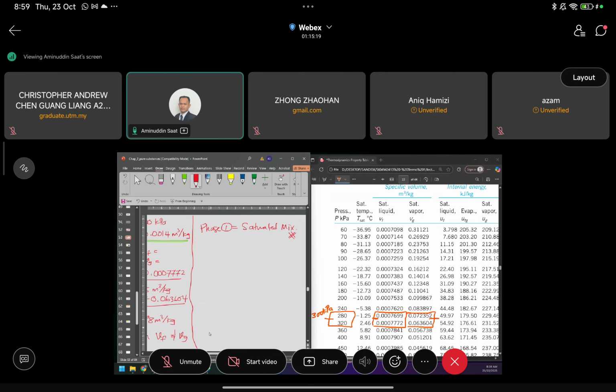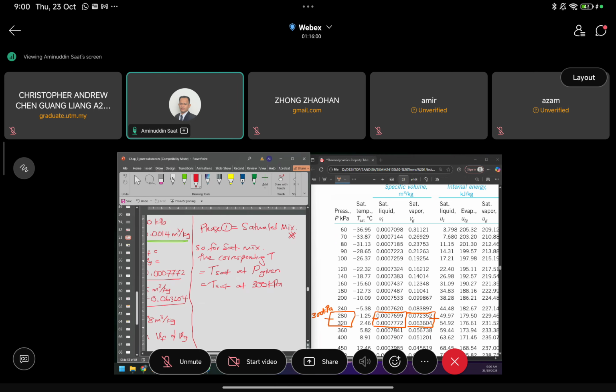Okay, then you got the phase. The question is find the temperature. Okay, so for saturated mixture, the corresponding T is equals to T saturation at P given. So meaning you have to find T saturation at 300 kilopascal.